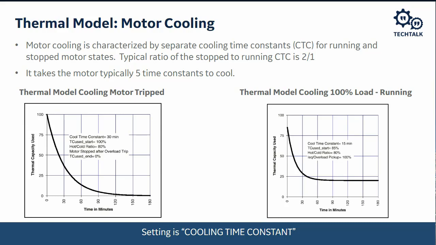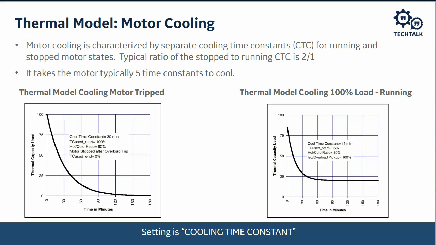Now, this is great if we had curves like this, or if we have a motor data sheet that says cooling time constant is 30 minutes when it's stopped, or cooling time is 150 minutes when it is stopped. We know that cooling time constant is 30 minutes. That's great if we got that information.